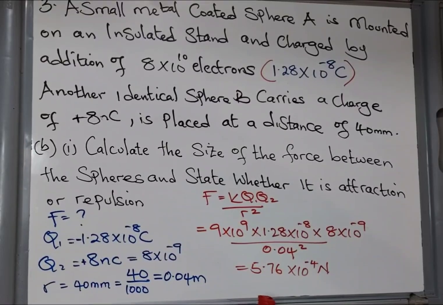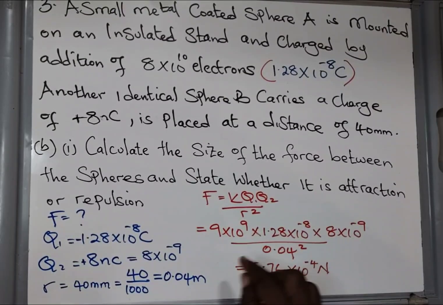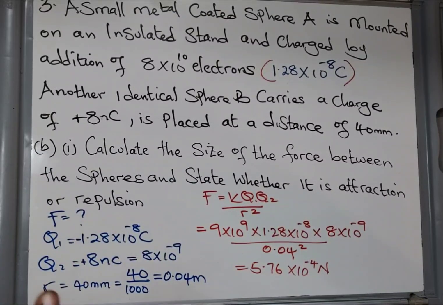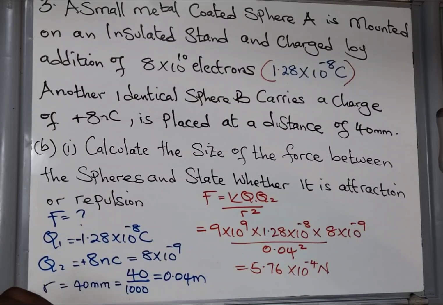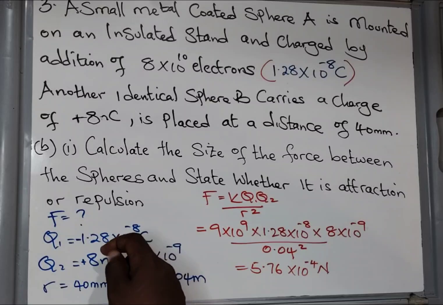There's one aspect I want to remind you of, that it's very important that you don't insert signs here. Otherwise, you'll end up becoming confused. So we substitute without signs, and we deal with the directions afterwards. We have to remember that we are dealing with two charges which are unlike.